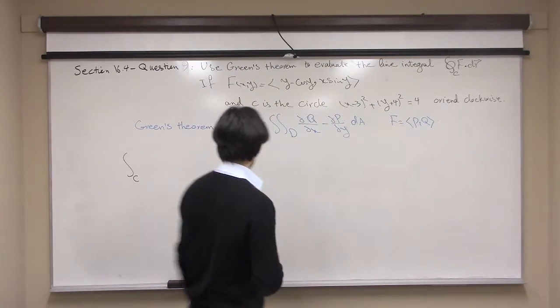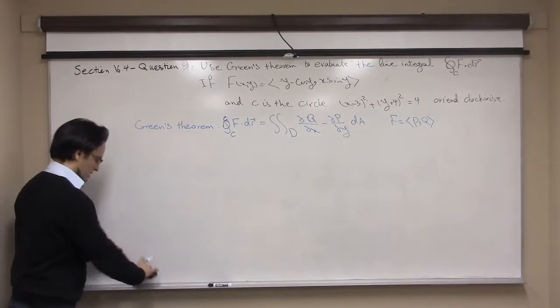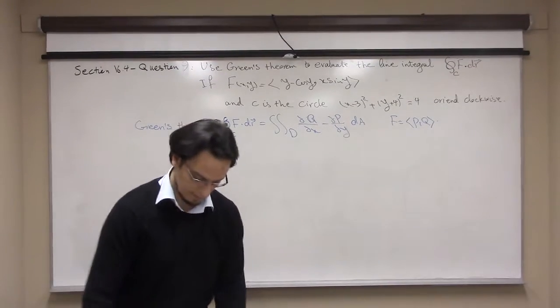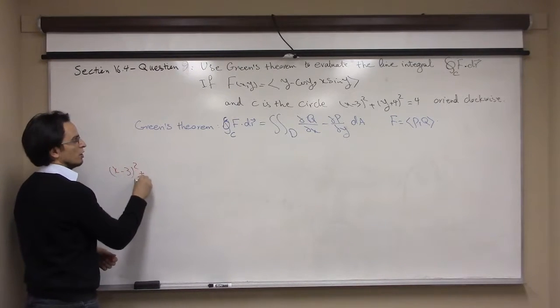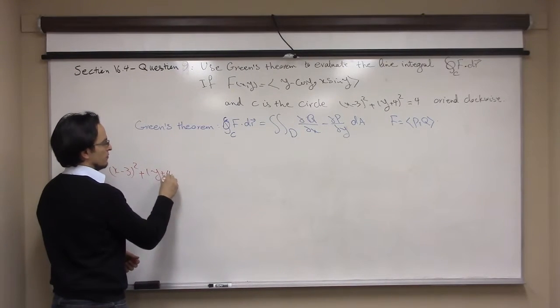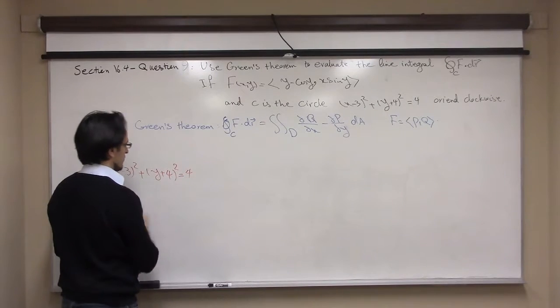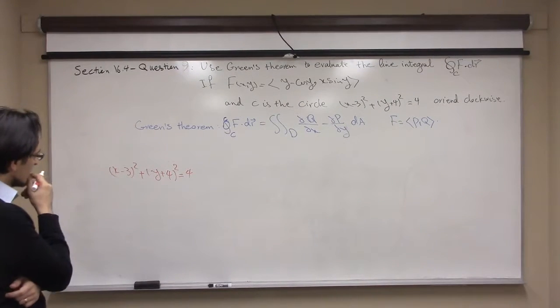We have F given, but the integral that we want to do is on the circle. What kind of circle is (x - 3)² + (y + 4)² = 4?